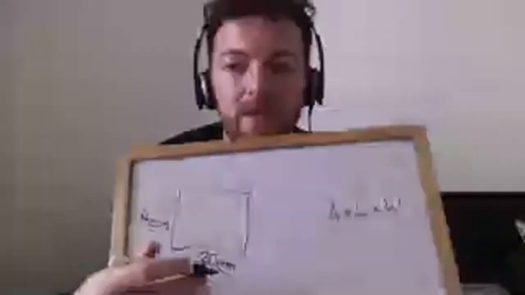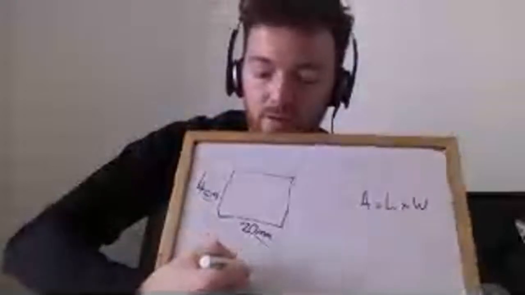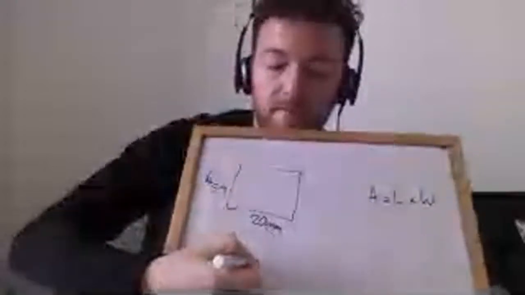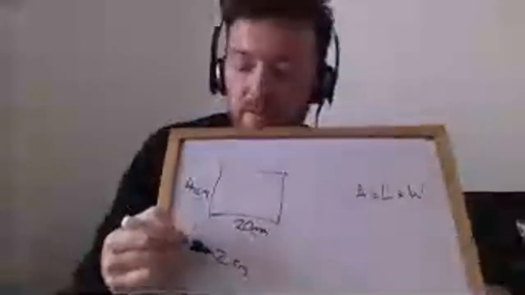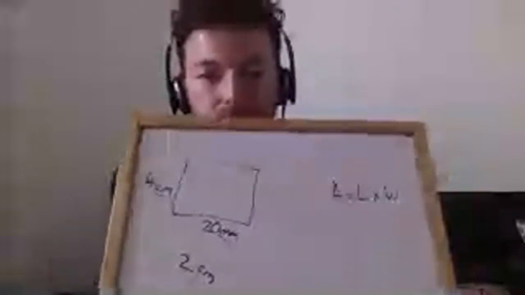So for example, if this is 4 centimeters and that's 20 millimeters, 20 millimeters is actually 2 centimeters. So if 20 millimeters equals 2 centimeters, then 2 times 4, it'd be 8 centimeters squared, okay?